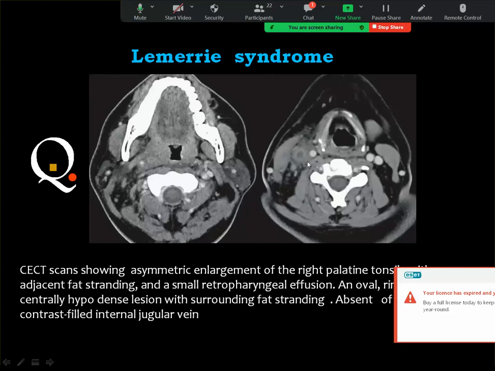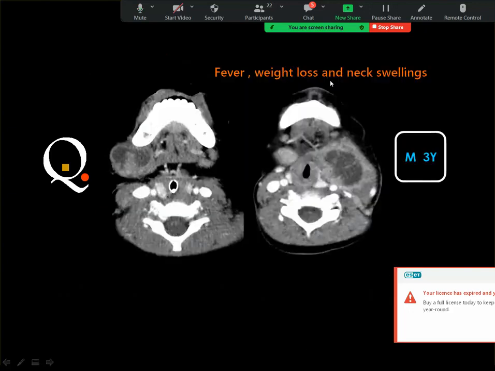Not simply thrombosed, but inflammatory thrombosis because of the soft tissue edema and swelling around the thrombosed jugular vein. Inflammatory thrombosis of the internal jugular vein is known as Lemierre syndrome. Next.